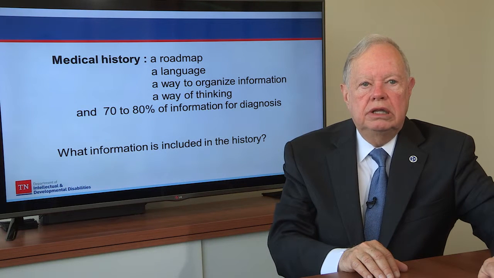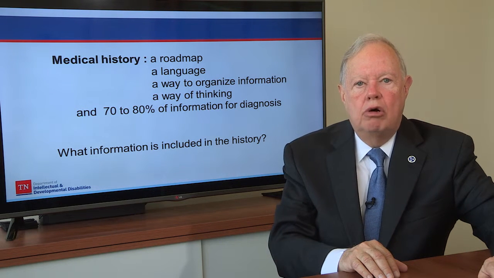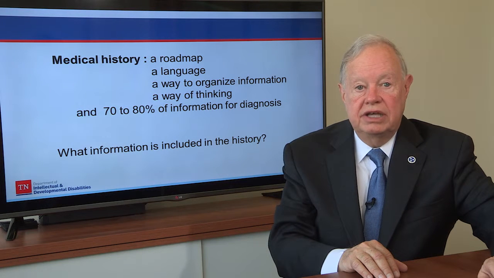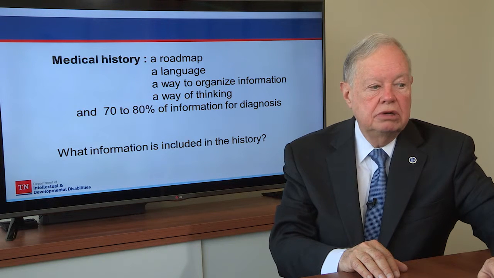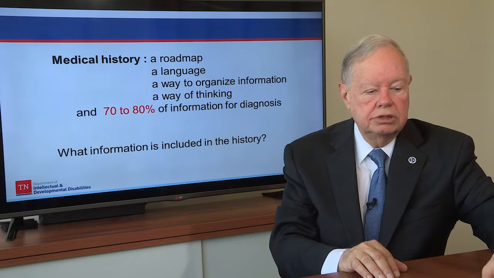So the medical history, it's a roadmap, it's a language, as I mentioned. It's a way to organize the information that all clinicians learn and use. And it's a way of thinking. And as I've highlighted in the first episode, it's also 70 to 80% of the information needed for diagnosis.